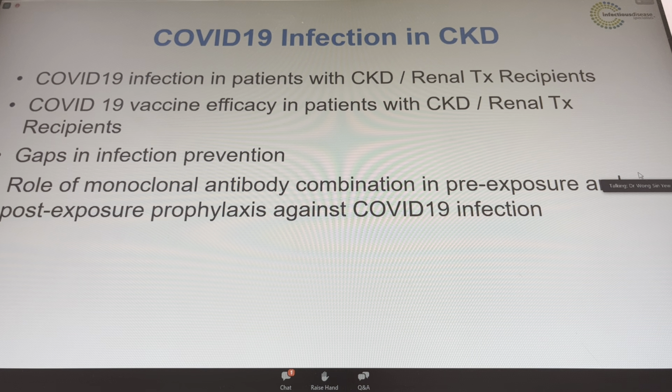So obviously, we have a gap in our infection prevention. And so today's talk will really be on the role of these monoclonal antibody combinations in both pre-exposure and post-exposure prophylaxis against COVID-19 infection.